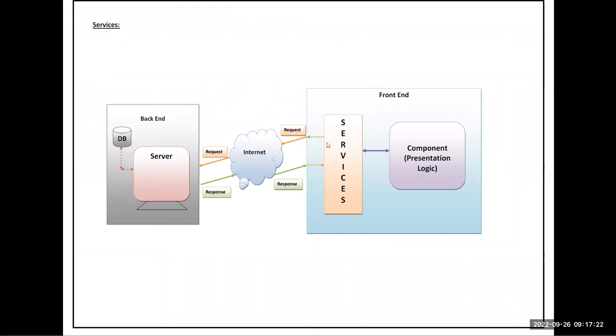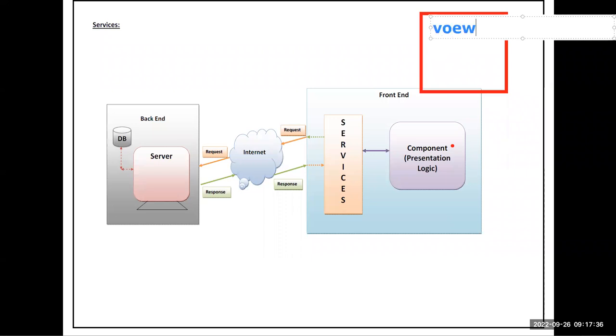Now, here is a component file. If you look in detail, one more view file is available for that component. If any user clicks on the button, for example, we create a button and it requires a list of products.